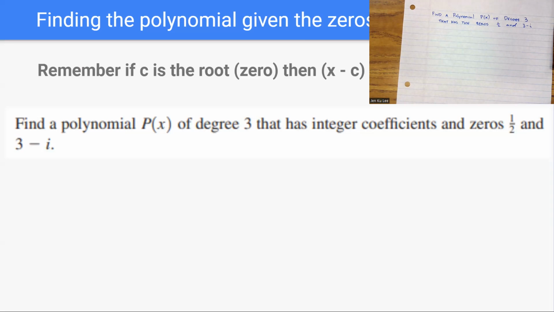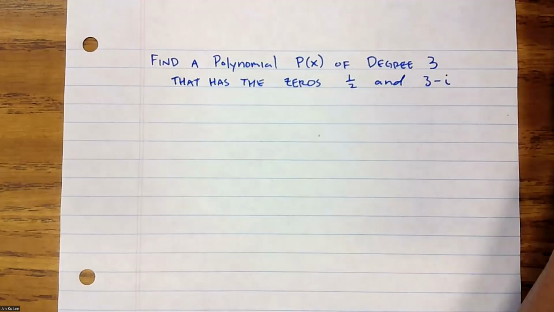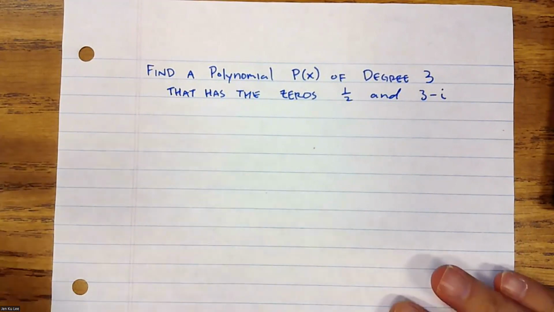Just keep that in the back of your head, because we're going to use that in about 2 minutes. These are the examples that we're going to do. So we're going to find a polynomial p of x of degree 3 that has the zeros of 1/2 and 3 minus i.